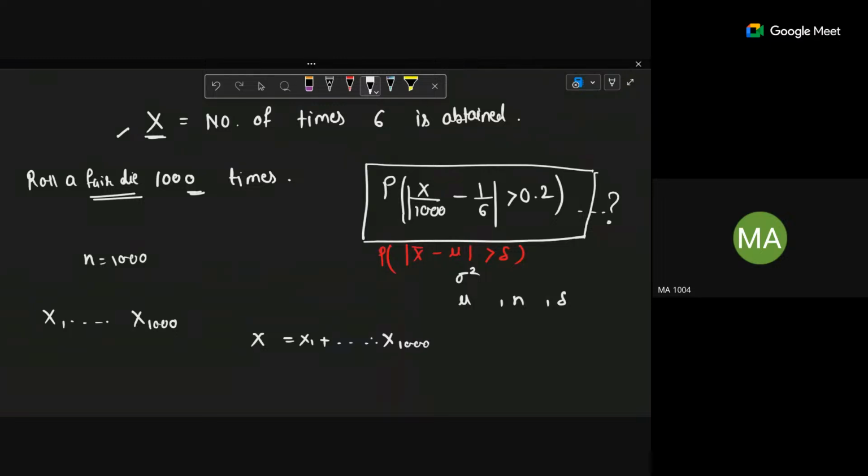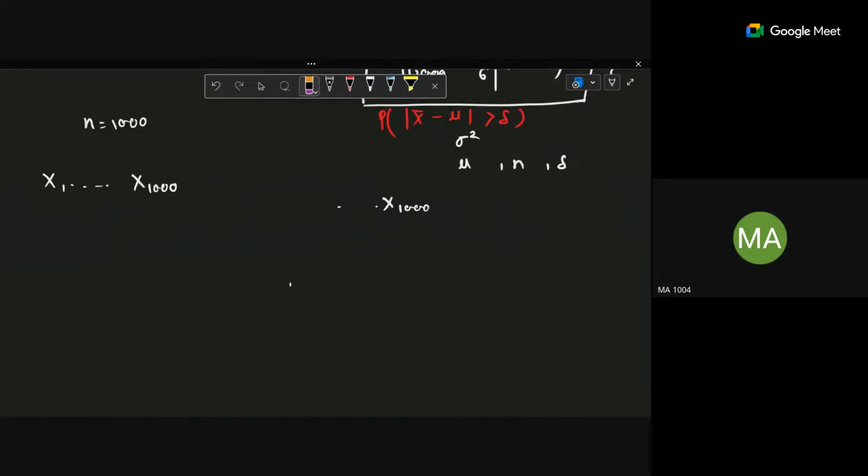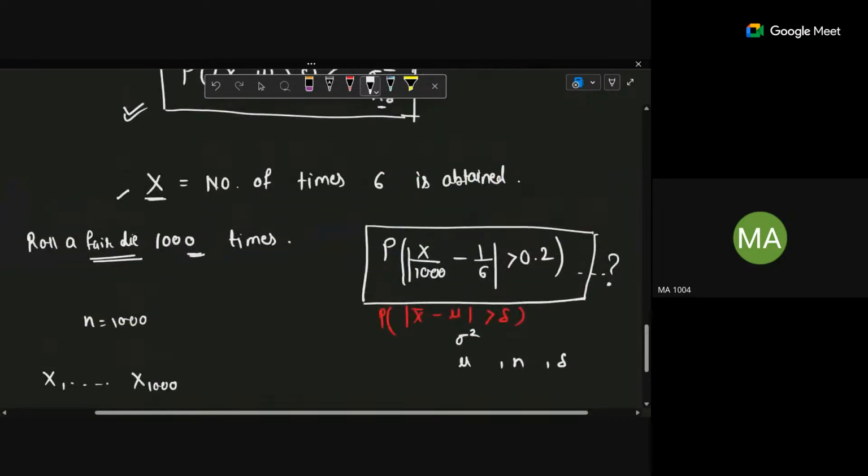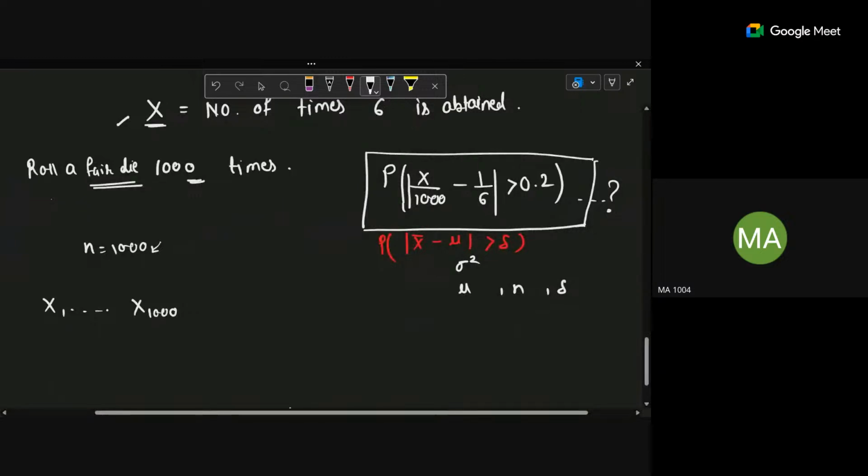Now you will ask how. So let me define my xi's, which I have not yet defined. Just by observing the question that a fair die is rolled 1000 times, I got the hint that my sample size is 1000. That means I need 1000 random variables.